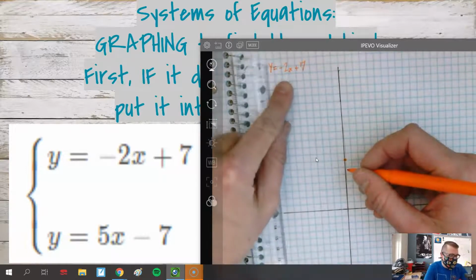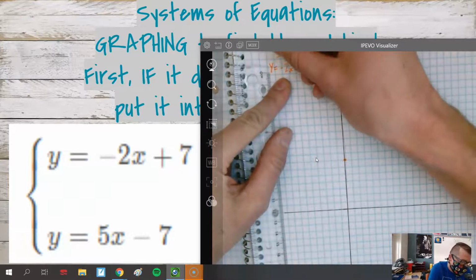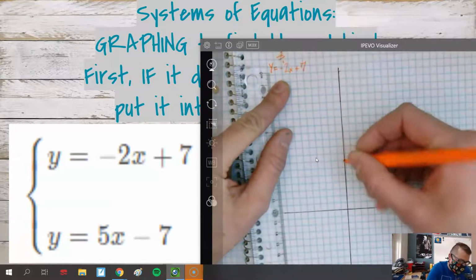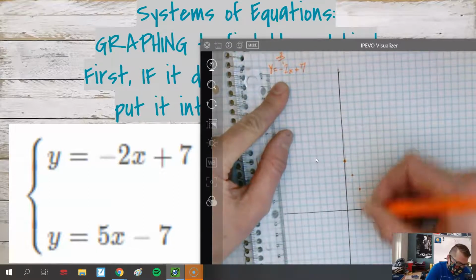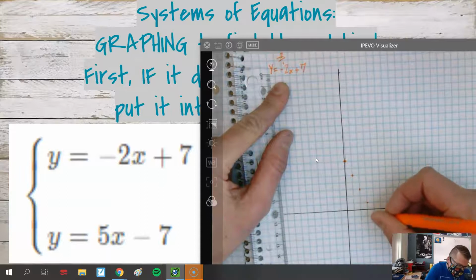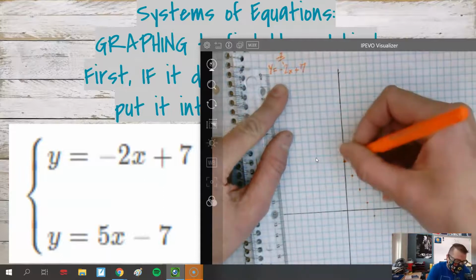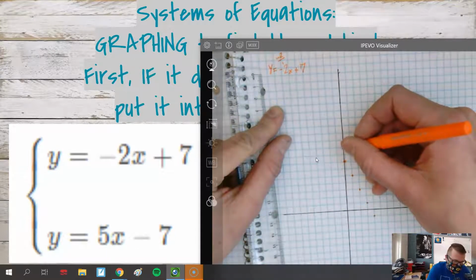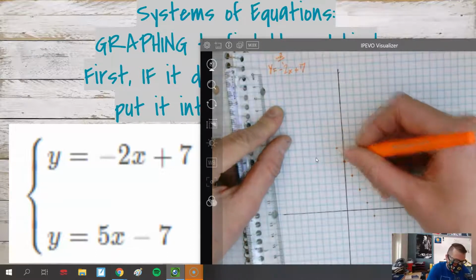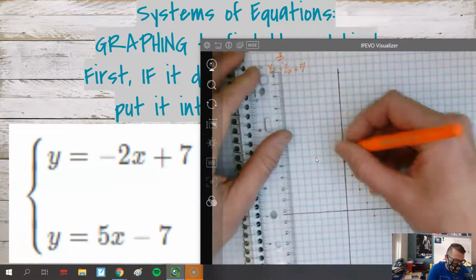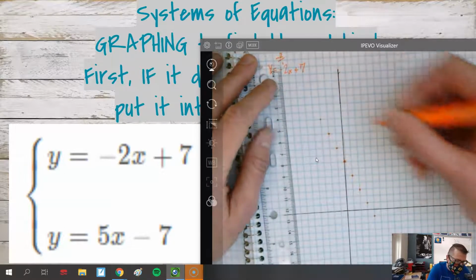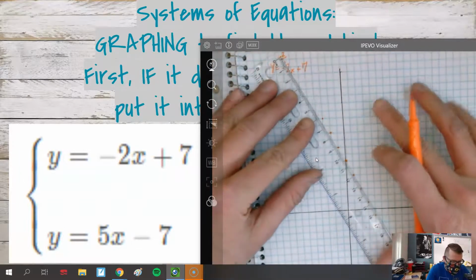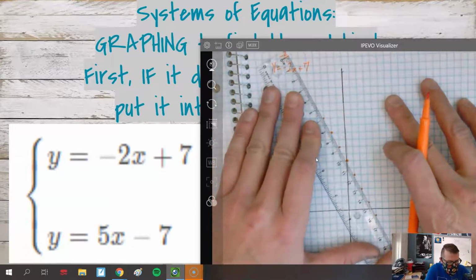Make your life easier. If the slope is negative 2, that's really negative 2 over 1. So we go down 2, to the right 1, and we do that a bunch of times. Or, if I go up 2, we go left 1. Guys, double check that your y-intercept is where it's meant to be. Double check that every time you make a slope step, you actually do it correctly. And then use a ruler.